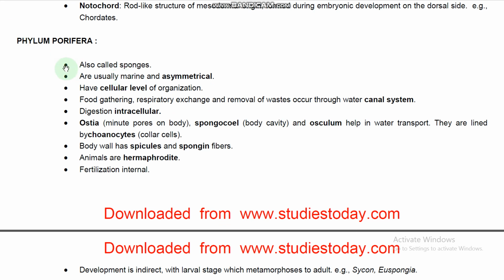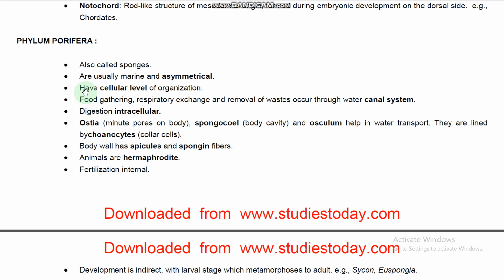So first phylum, phylum Porifera. So what is the phylum order? Phylum Porifera, Coelenterata or Cnidaria, Ctenophora, Platyhelminthes, Aschelminthes, Annelida, Arthropoda, Mollusca, Echinodermata, Hemichordata, chordates, right? Okay.